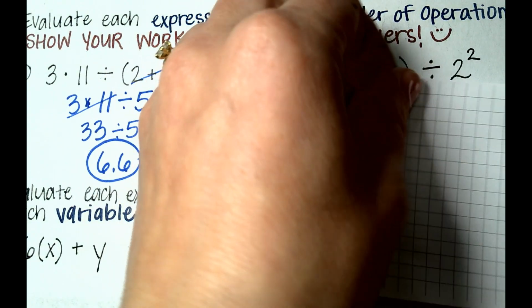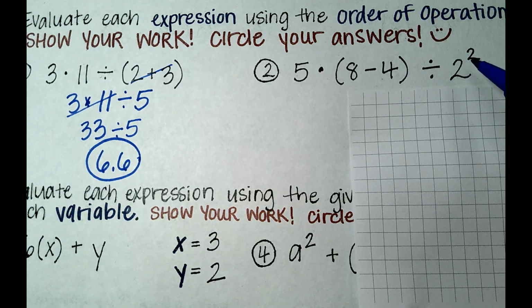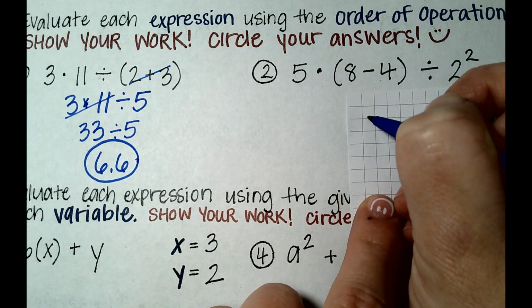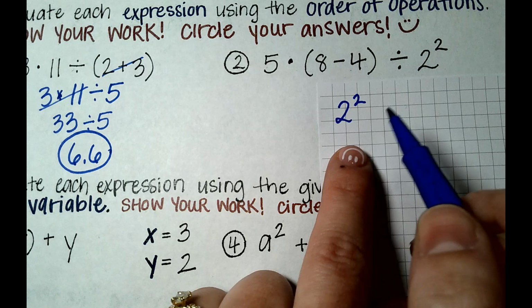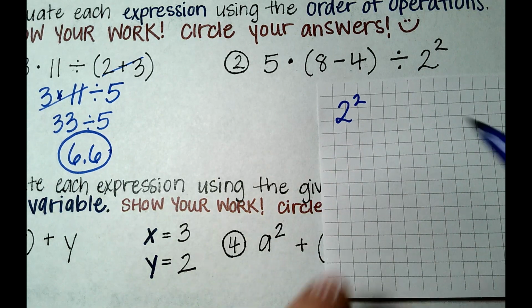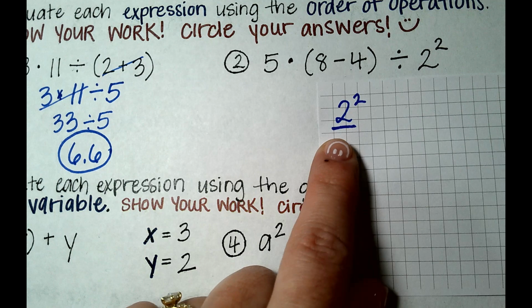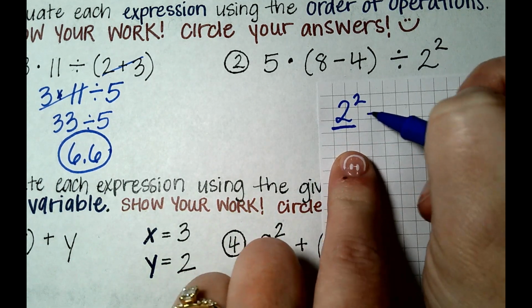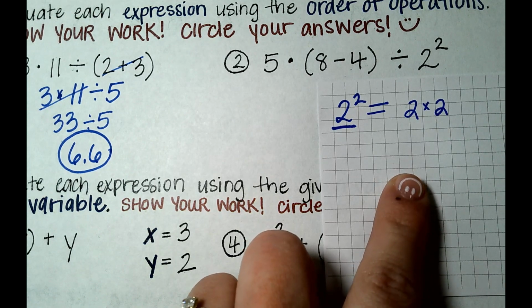Do any of you know what it means when we square something, when there's a little 2? It's an exponent. Whenever we have squared, it means whatever number is right here, the big number, we want to multiply that number to itself. So this just means 2 times 2.